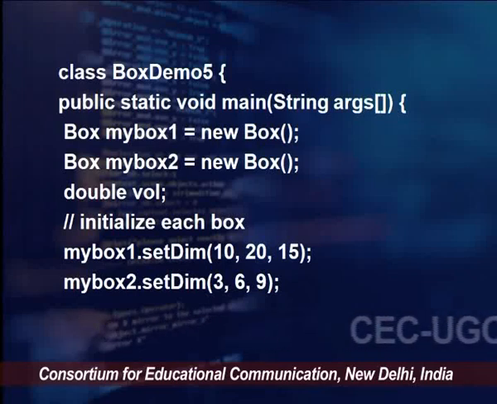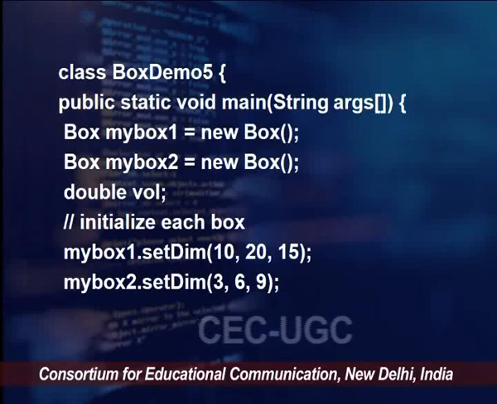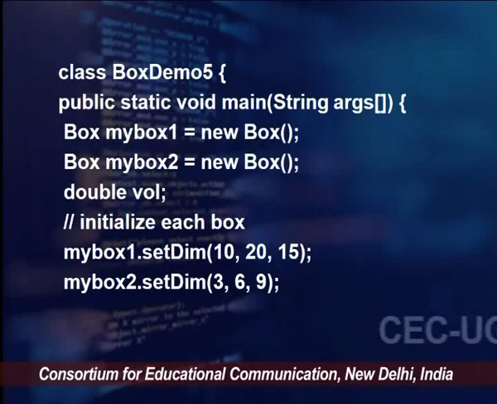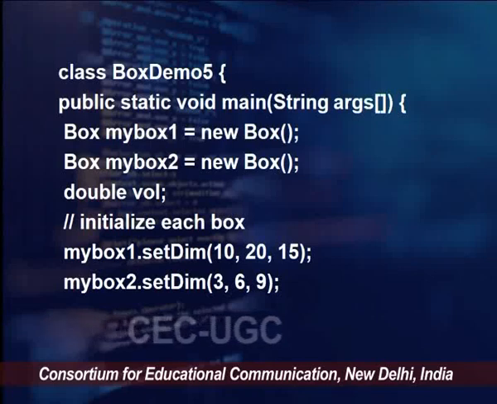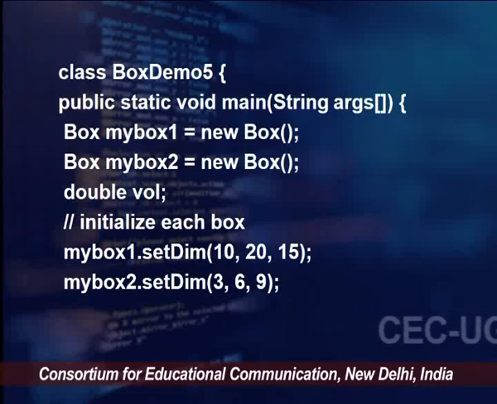Before calling the function volume, which calculates and returns the volume for these two different instances of the Box class, we are going to call the method setDim, which is there to initialize each box. We will call them using the dot operator by qualifying them with the reference variable to the object, as we have called volume.